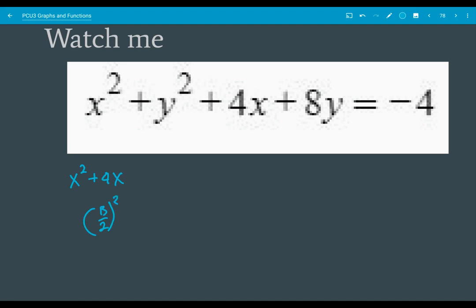So 4 over 2 is 2, 2 squared is 4, so plus 4 minus 4. Then we're going to do our y's, plus y squared plus 8y plus 8 over 2, so 8 divided by 2 squared is 16, and then what we add we have to take away, right? We can't change the problem, equals negative 4.